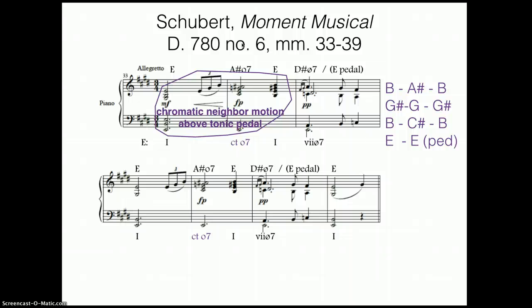In the tenor, we have B, C sharp, B. In the alto, G sharp, G natural, G sharp. And in the soprano, B, A sharp, B. So chromatic neighbor motion in all of those upper voices congeals to create a fully diminished 7th chord based entirely on neighbor motion above a pedal tone.